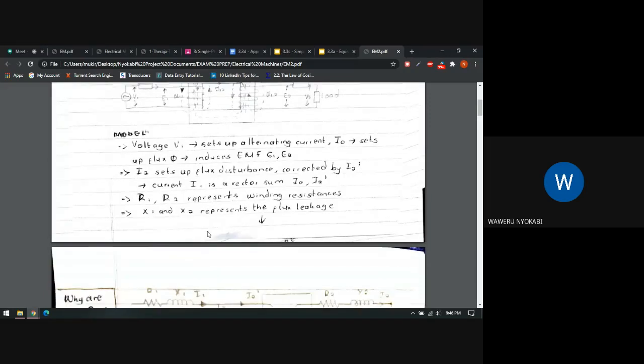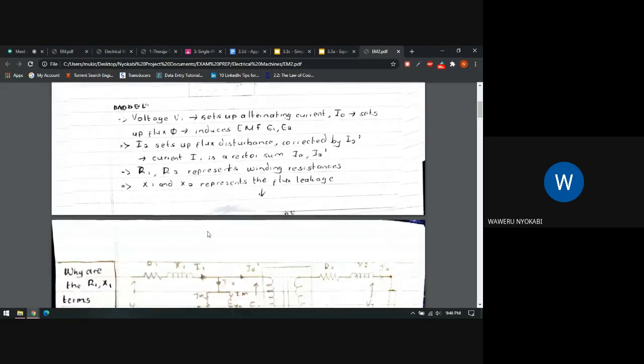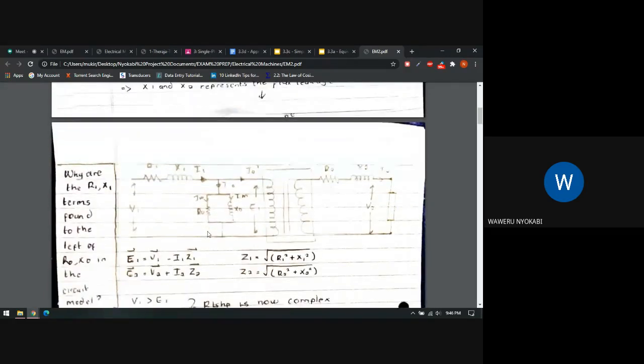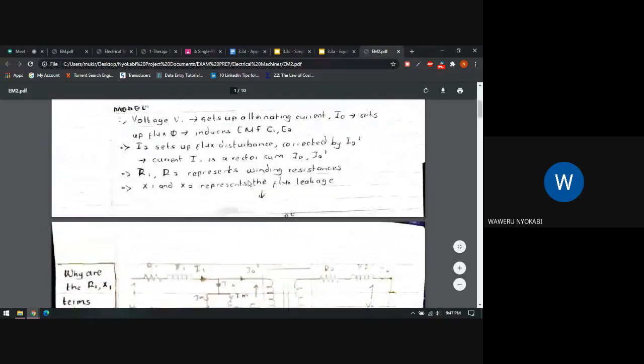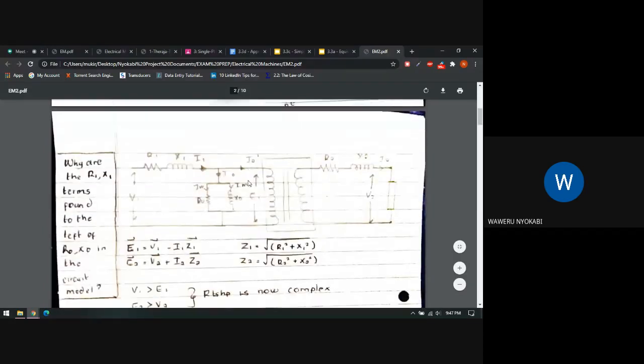To represent that diagrammatically in our circuit model, the flux leakages are represented by inductance. So we have this for X1, and then we have it for the secondary side: flux leakages in the primary and secondary windings.